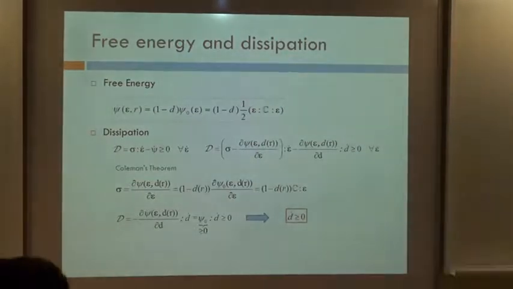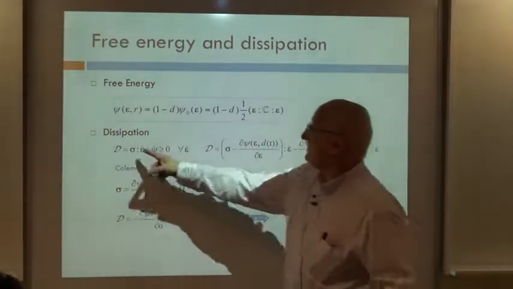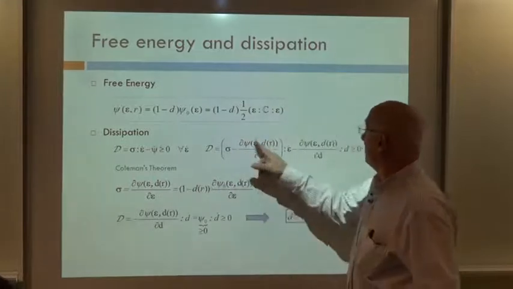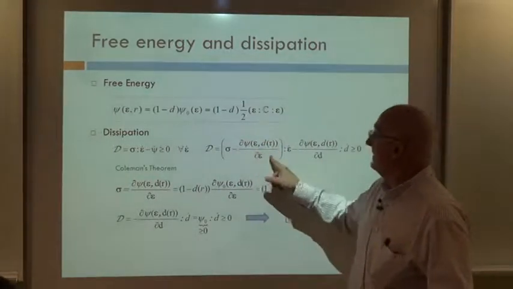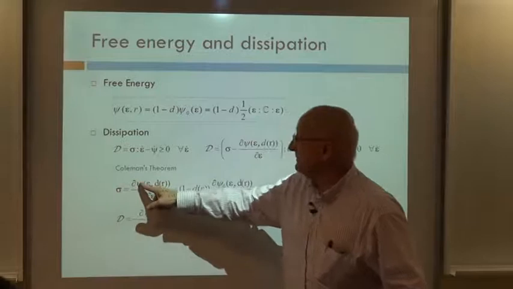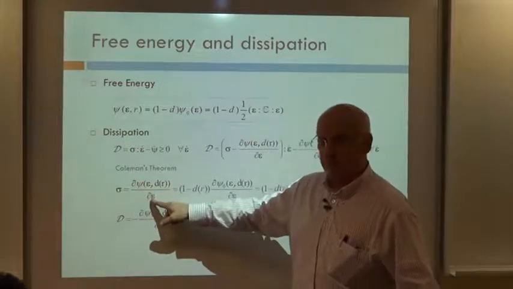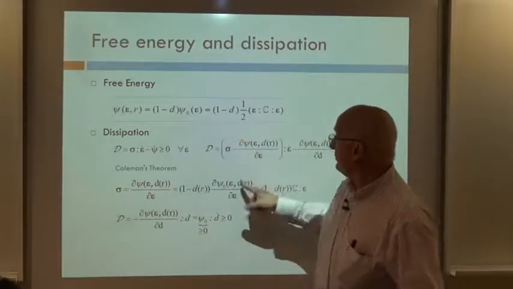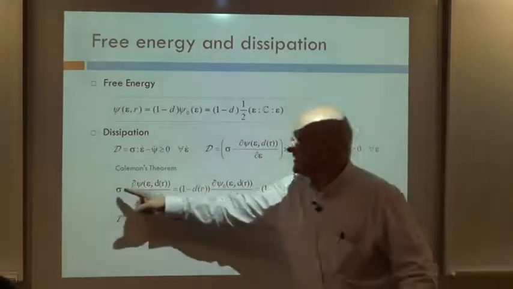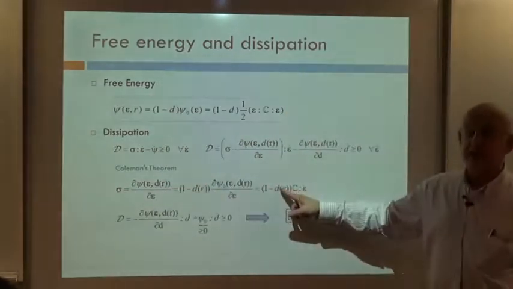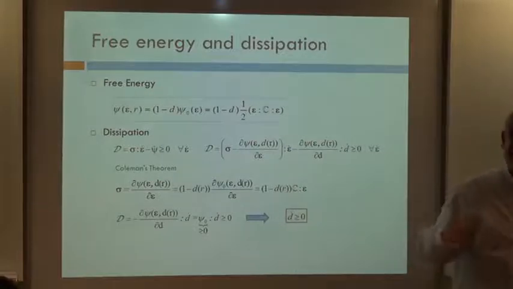The dissipation equation is the same because there is no difference. And again, we obtain that the stresses are the derivative of the free energy with respect to the strains. So this relationship of the stresses and the strains in terms of the damage variable is exactly the same as in the implicit model, no difference.